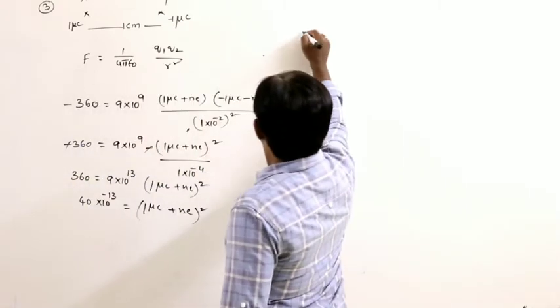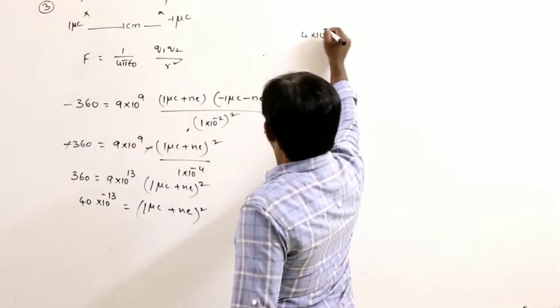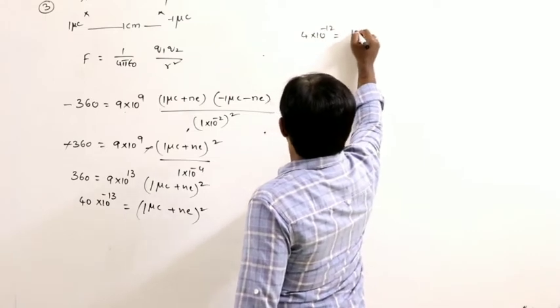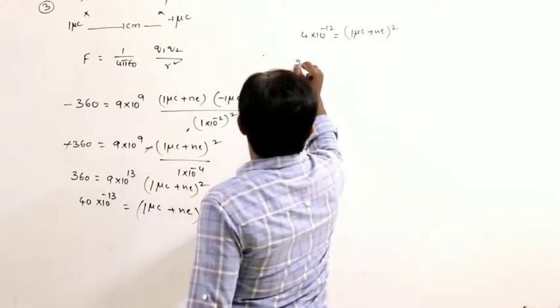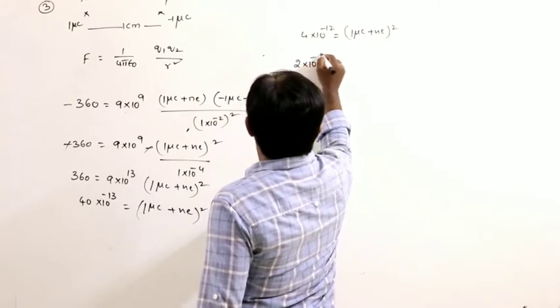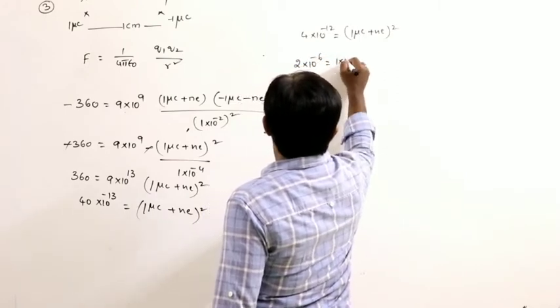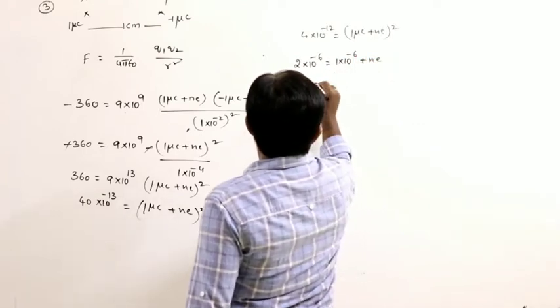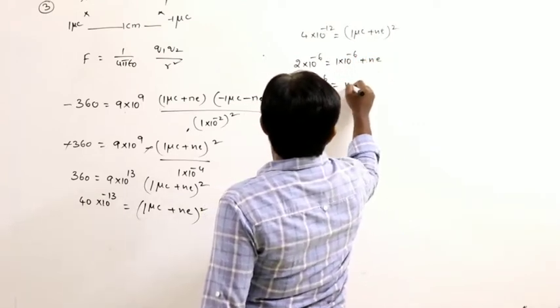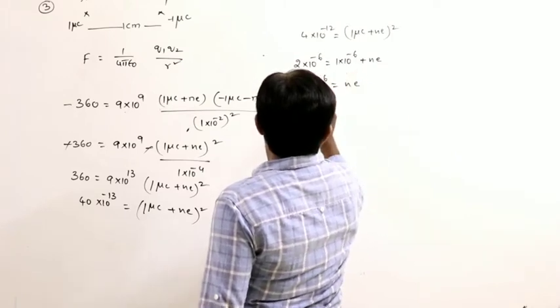Next, 4 into 10 to the power of minus 12 is equal to 1 microcoulomb plus Ne whole square. Apply square root on both sides. 2 into 10 to the power of minus 6 equals 1 microcoulomb, which can be written as 1 into 10 to the power of minus 6, plus Ne. So 1 into 10 to the power of minus 6 is equal to Ne.